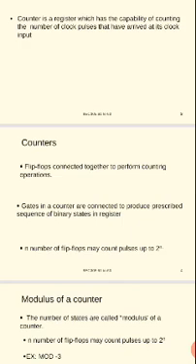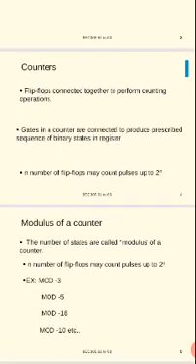Modulus of counter. The number of states is called the modulus of a counter. N number of flip-flops may count pulses up to 2 power n.